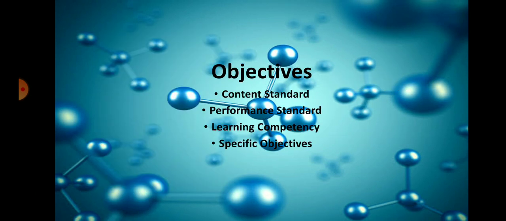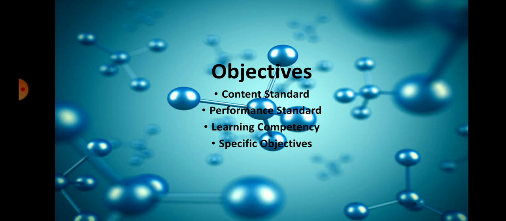The objectives of our lesson for today contain the following: number 1, content standard; number 2, performance standard; number 3, learning competency; and lastly, specific objectives. For the content standard, the chemical reactions associated with biological and industrial processes affecting life and the environment.